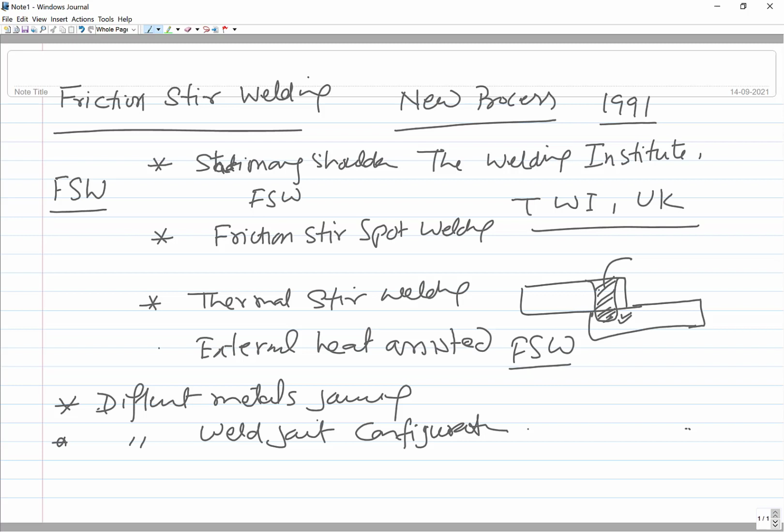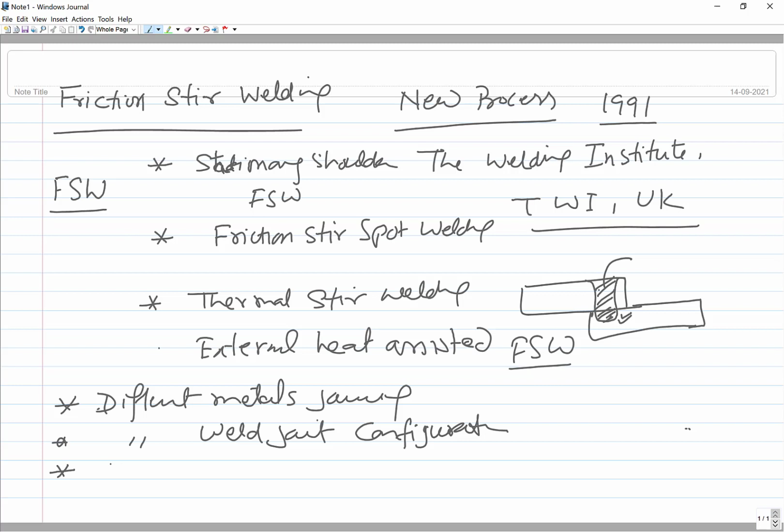So the different joint configurations using friction stir welding or its variants need a lot of effort with regard to the tool geometry, the welding parameters, or use of external sources for developing a sound joint economically without compromising the capabilities of the joint.